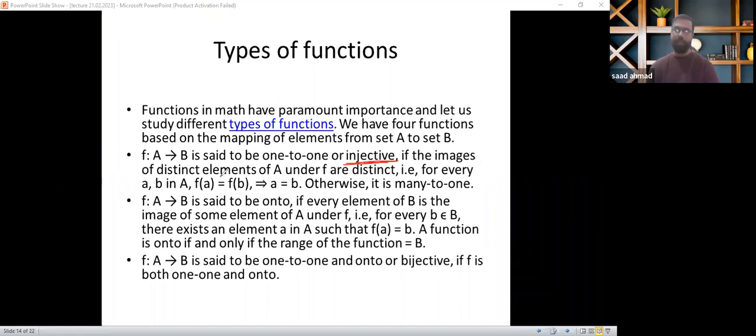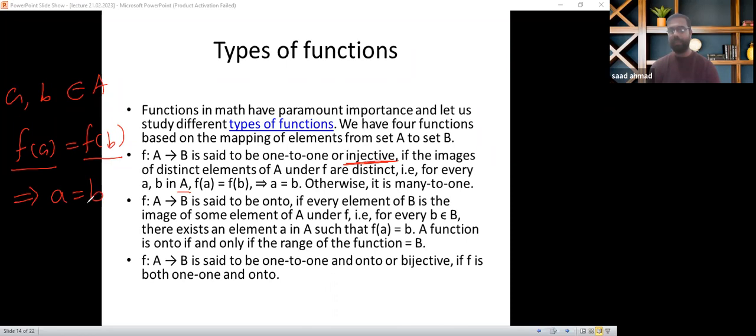If the images of distinct elements of A under f are distinct, for every a, b in A, inputs from the set A, we apply the function f, and if f of a equals f of b, it implies that a must be equal to b.